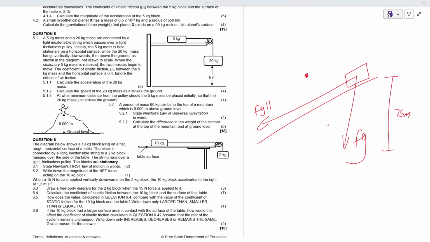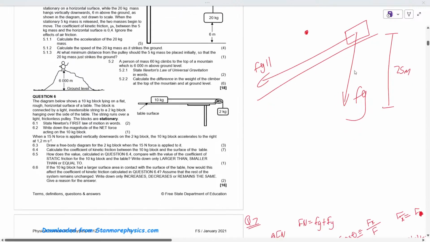Even with forces, conservative just means not changing or staying the same. Right? So now, let's try to look at the problems.